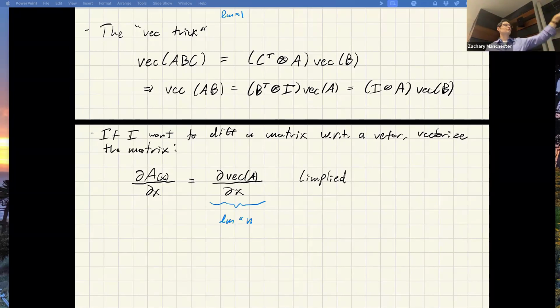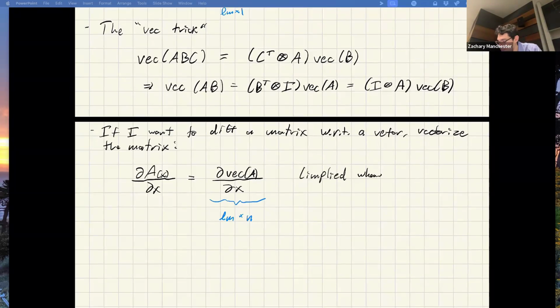Life is good. You can just keep trucking and do all the usual stuff. So anytime I diff a matrix, there's an assumed vec in there. Okay, everyone cool with these ideas?